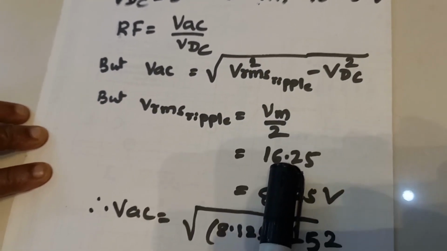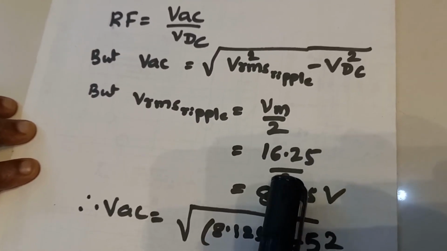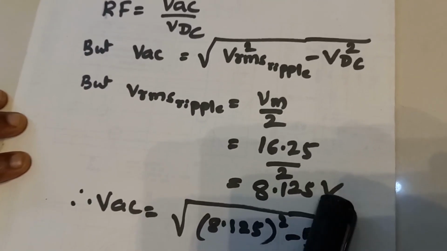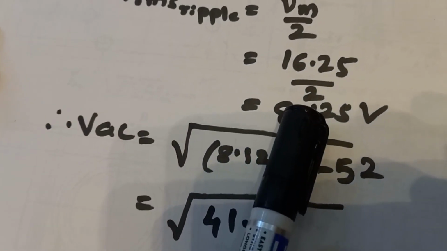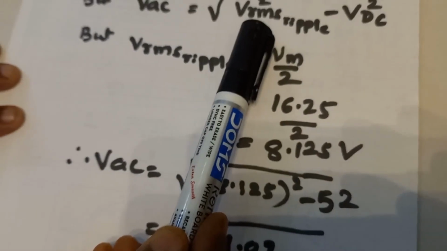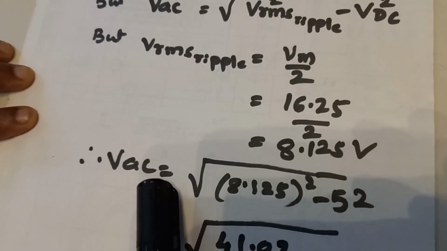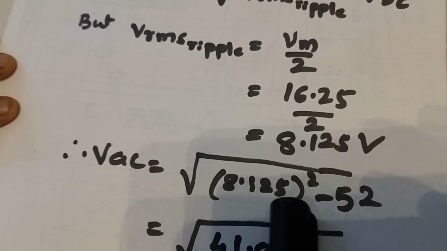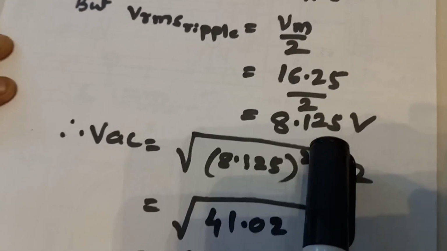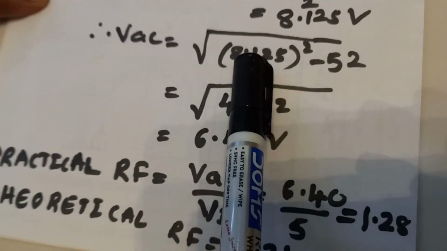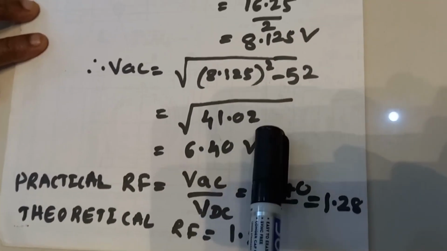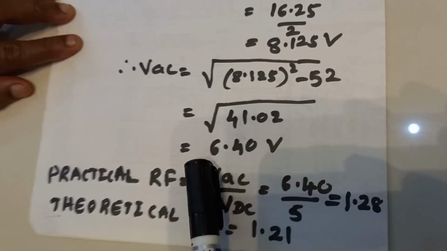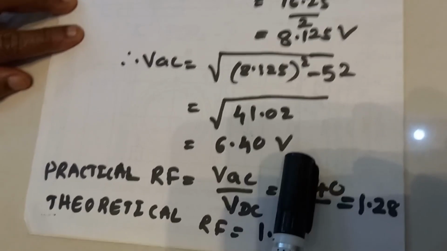Substitute here, 16.25 divided by 2 is 8.125 volts. That is Vrms ripple. Substituting this in the Vac formula, Vac is equal to square root of 8.125 square minus 5 square, because Vdc is 5. After calculating this, I'll get square root of 41.02, which is 6.40 volts.